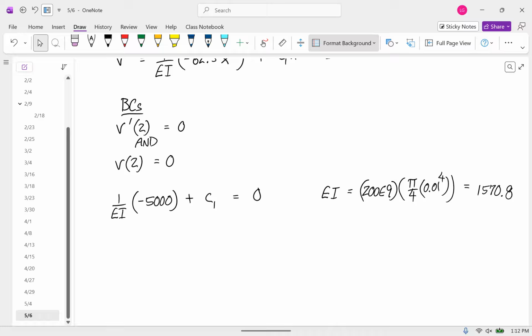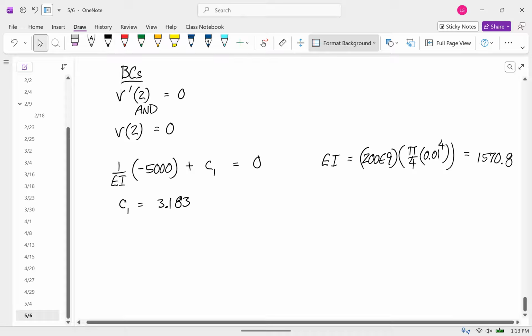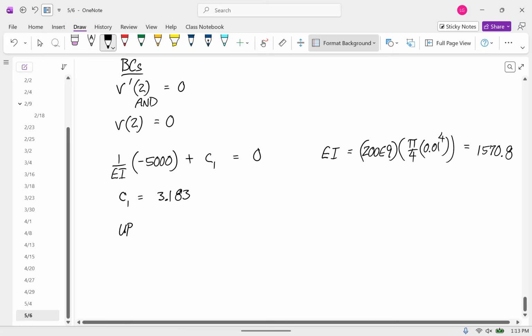So we have that C1 is equal to, oops, so C1 is equal to positive 3.183. And now we can update our function.